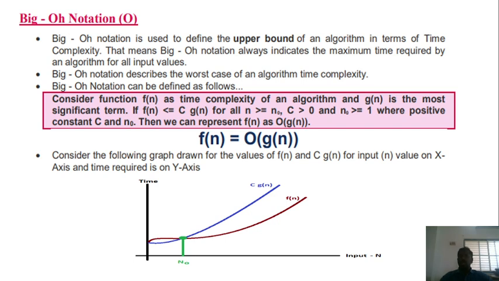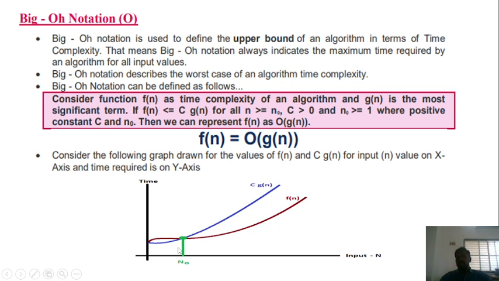How can this be defined? Very important here, I am taking two things. One is f of n, the actual time complexity of the algorithm, and g of n is the most significant term for this algorithm. For this, f of n must be less than or equal to c into g of n, because it takes maximum time.